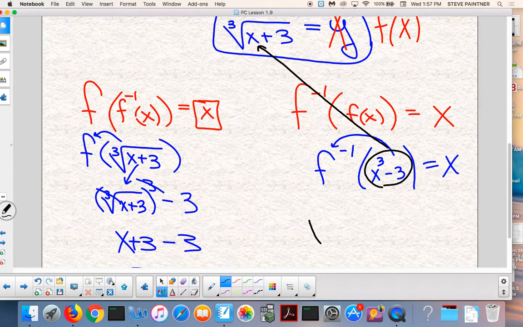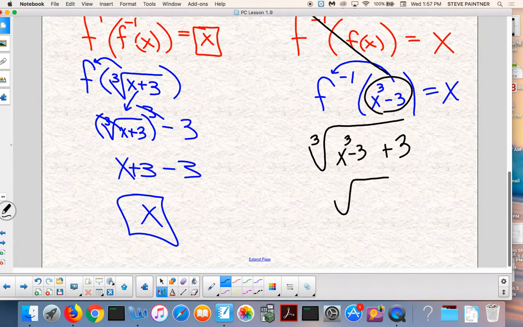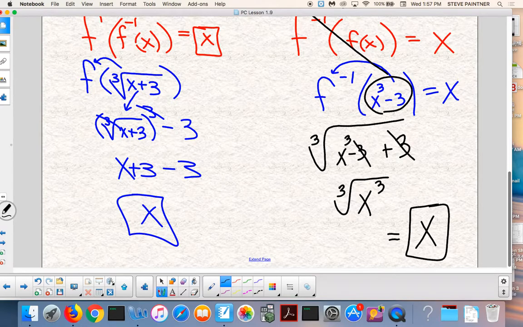So you put cube root of, in place of x you put x cubed minus 3, then plus 3. The 3's will cancel out, yep. The cube root of x cubed, that and that are gone. Answer? Good? Yes. So I found the inverse, then I proved to you I was correct. Okay?